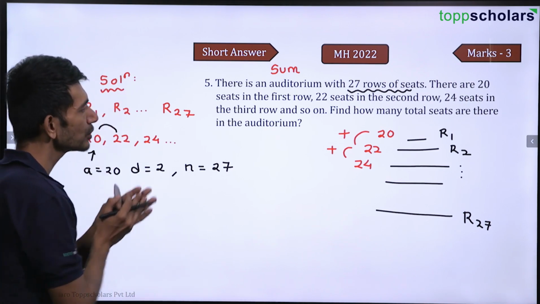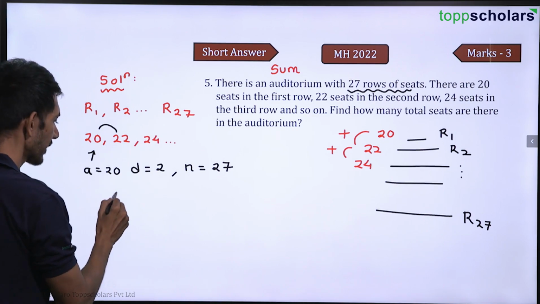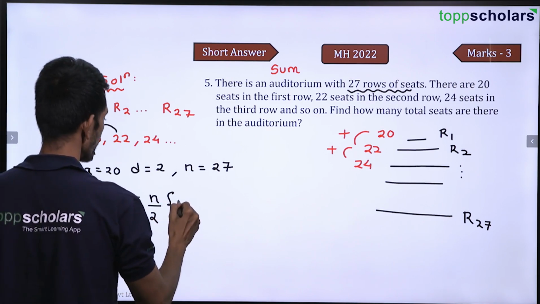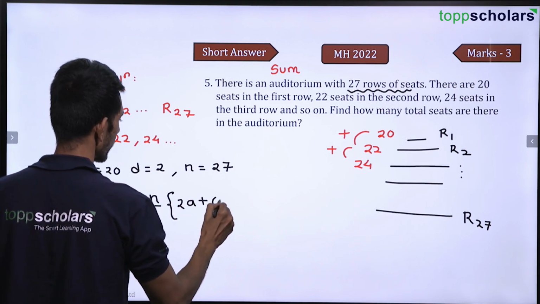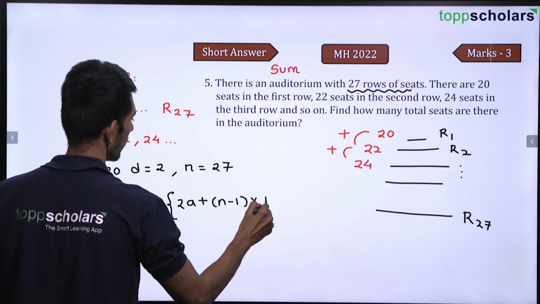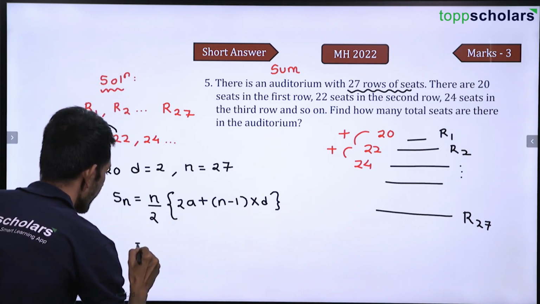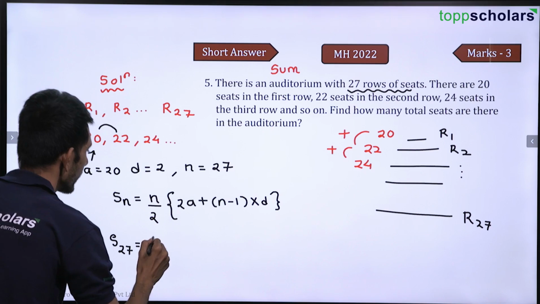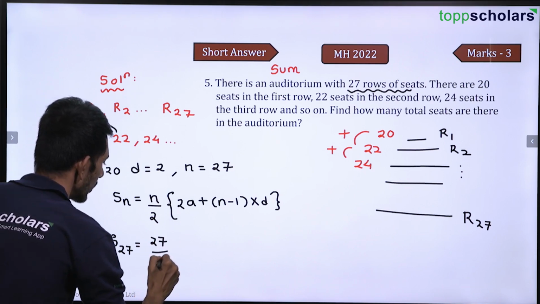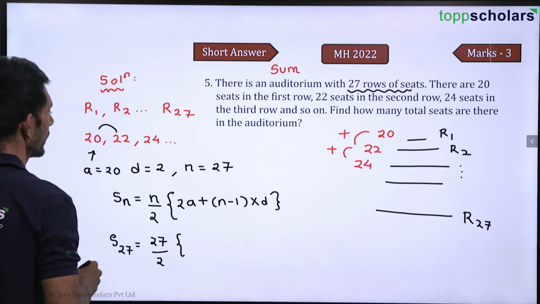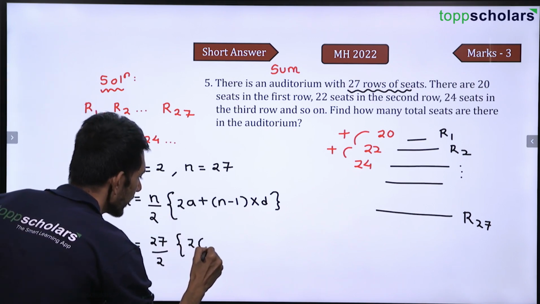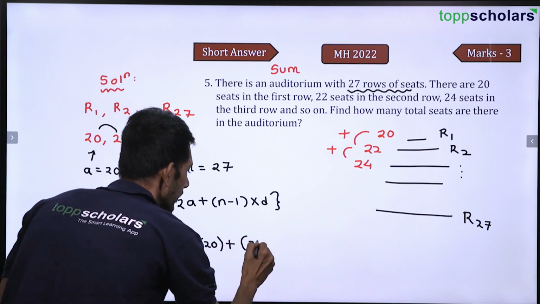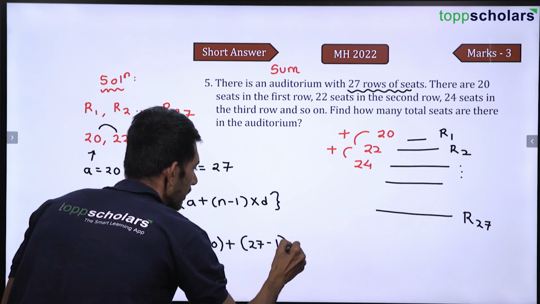Okay. Now we are supposed to find out the total seats. So can I say we are supposed to find out Sn, that is n by 2 into 2a plus n minus 1 into d. So that gives you S27 is equal to 27 by 2 into 2 into 20 plus 27 minus 1 into d.